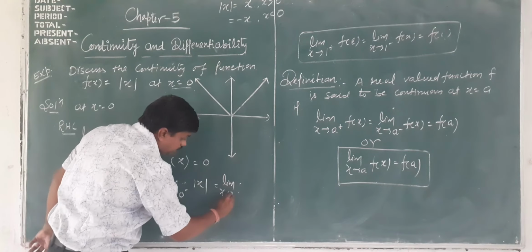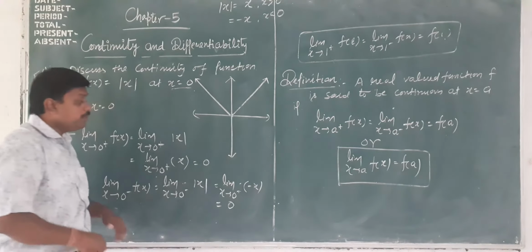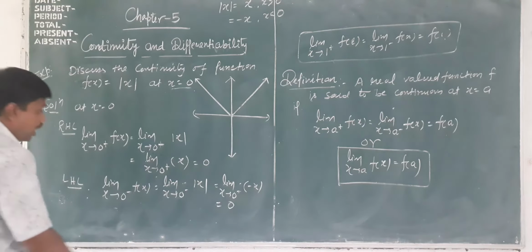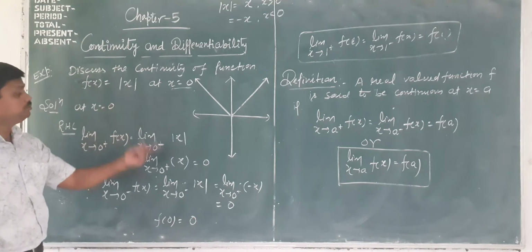Limit x tending to 0 minus, this is minus x. If you put the limit of that function, you will get 0. Again the value of that function at x equal to 0 is also 0.